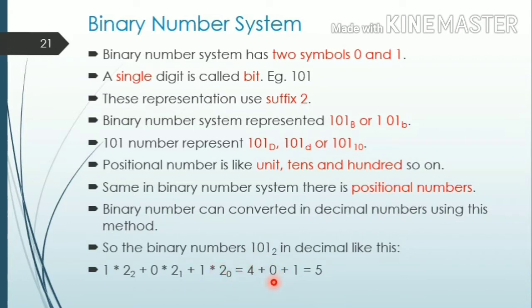When we calculate, we get 4 from the first, 0 from the second, and 1 from the position number 0. So the answer is 5. So 101 in decimal is 5.